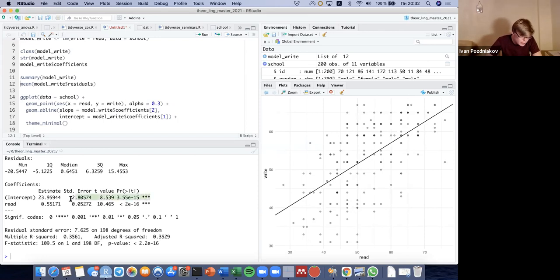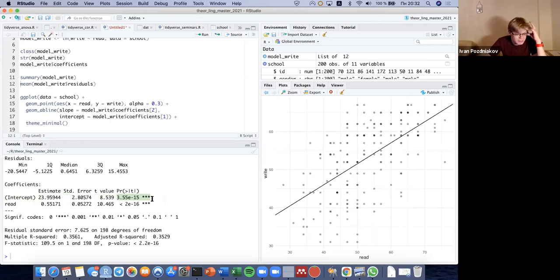We are usually not interested in intercept p-values. And could you explain why? Just try to. It's always the same. No, they're not always the same, but what it actually says is, if we have the null hypothesis that the intercept is 0, it's very improbable to get these results.